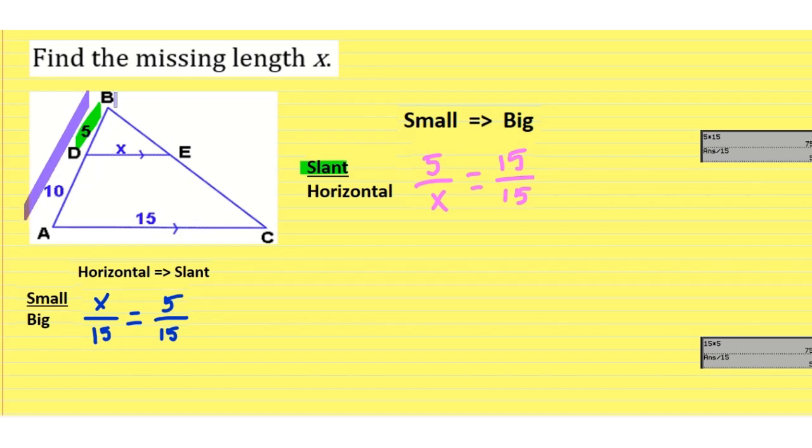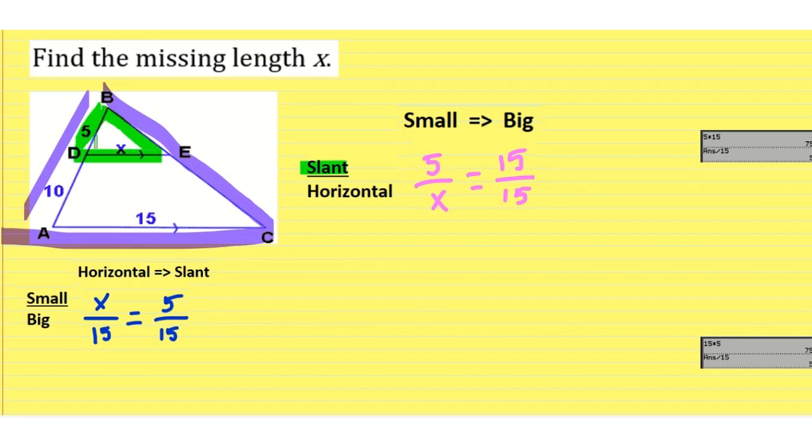That's the big triangle. So I've got a big triangle here, and I've got a little triangle here. I've got to understand that the big slanted side is actually 15. It's going to be 10 plus 5. So the whole slanted side of the big triangle is going to be 15.